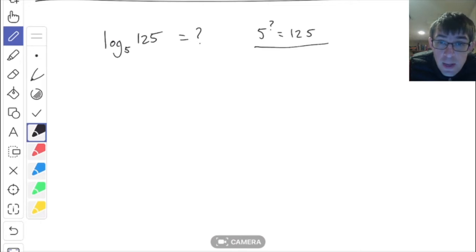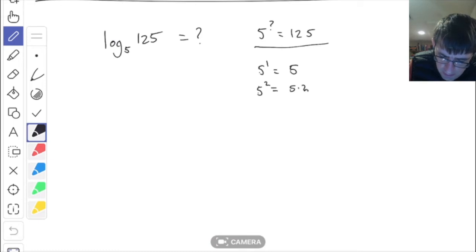So when you see this kind of logarithm posed to you, you should try to think of it as an exponent, because that, to me at least, is much easier to think of. And then you just basically have to guess the answer. What is the exponent required to get 125 when you go 5 to some power? Well, if you're not sure, you could just write down the powers of 5 one by one. 5 to the 1 is 5. 5 to the 2 would be 5 times 5, which is 25. 5 to the 3 would be, you multiply by 5 again, that's 25 times 5, which actually is 125.